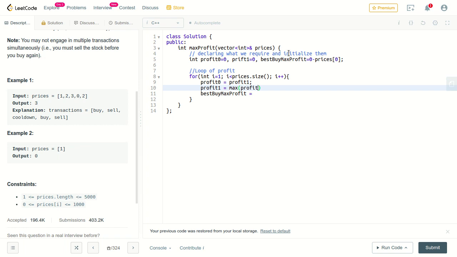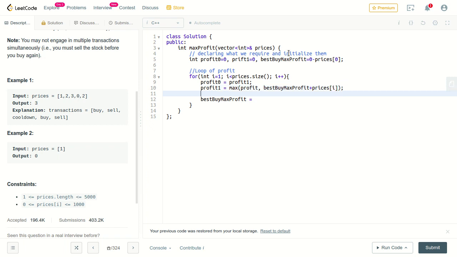and buy by max profit plus, if you want to sell here, prices[i].